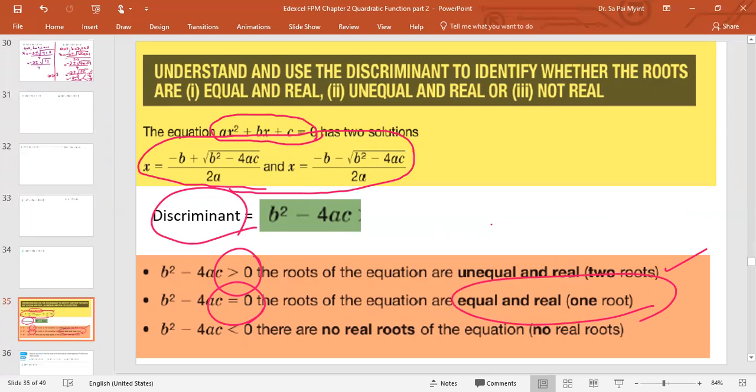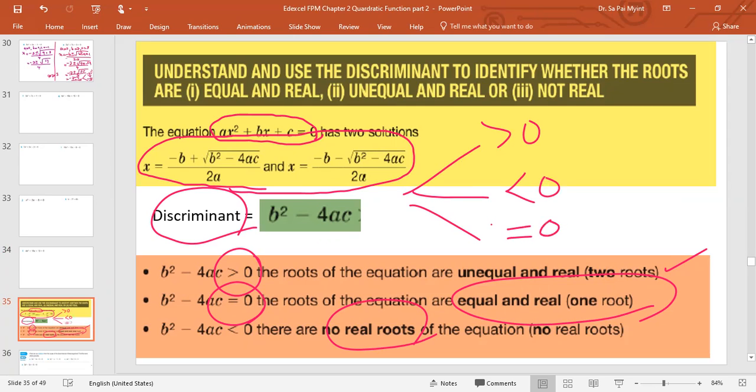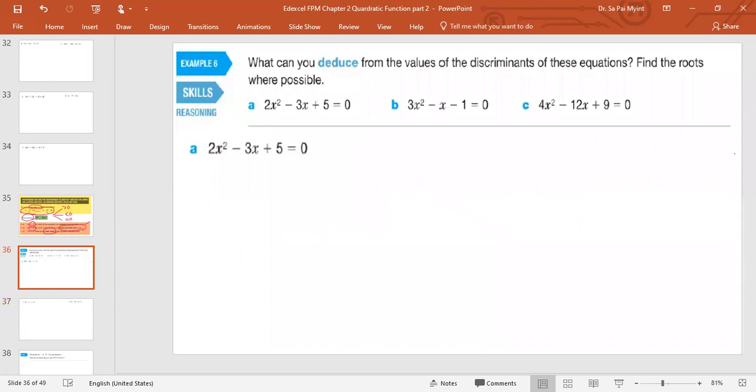If you get less than 0, negative, there is no real root. You need to remember b² minus 4ac is called the discriminant. Greater than 0, 2 distinct real roots. Less than 0, no real roots. Equal to 0, 2 equal real roots. Okay, let's start with an example.